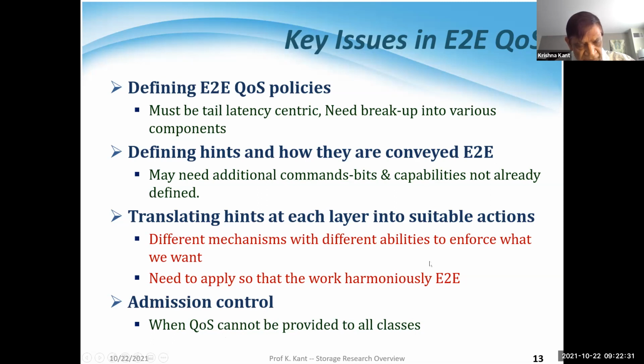And finally, there's a question of admission control when you cannot provide the QoS. Okay, so that's the entire landscape of QoS, and there are a lot of issues in there. And then there are, of course, emerging technologies that I will talk about at the very end a little bit to give you an idea that, even if you can solve the existing problem, there are more problems coming up.